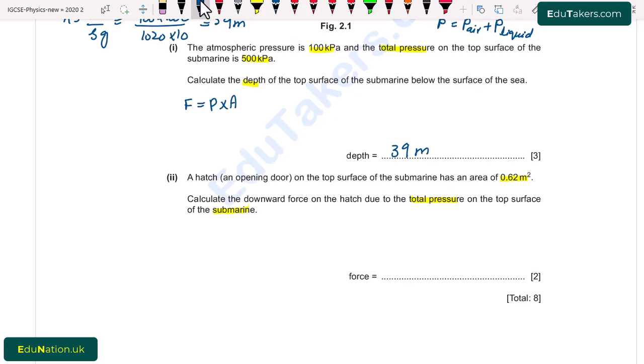I derive this formula from P is equal to F over A. So I put the values of pressure and area here. 500 multiplied by 1000 multiplied by area is given 0.62 and then the downward force comes to be 31. The force is measured in Newton. So the total force will be this.